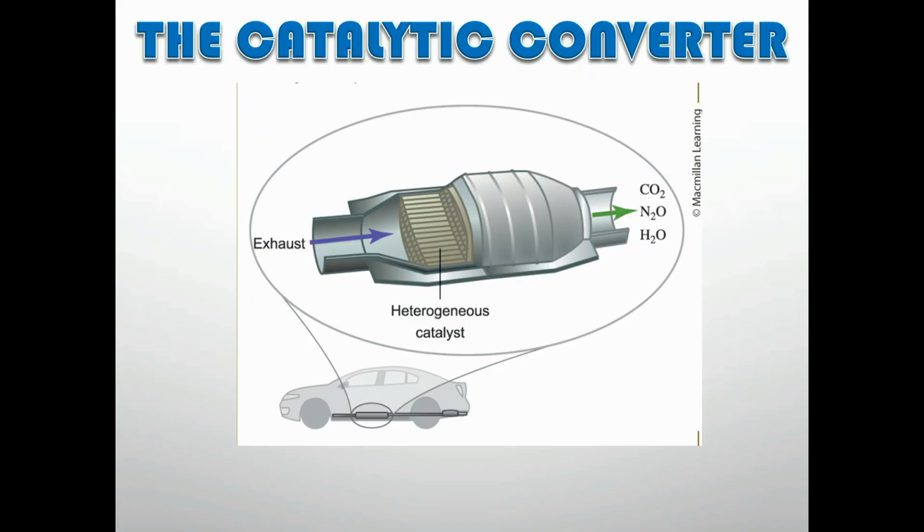The purpose of the catalytic converter is to literally slow down molecules. Coming out the exhaust are some of these nasty nitrogen oxides: NO, NO2, NO3, N2O4, N2O5, all of these things because nitrogen's reacting with oxygen. There's also carbon monoxide that gets produced.